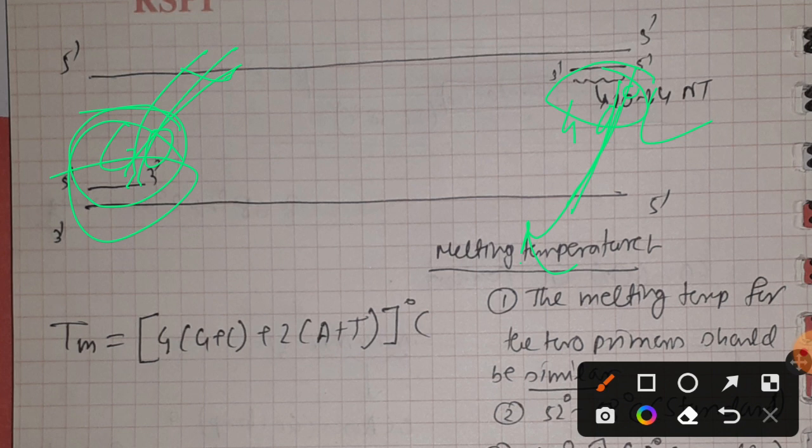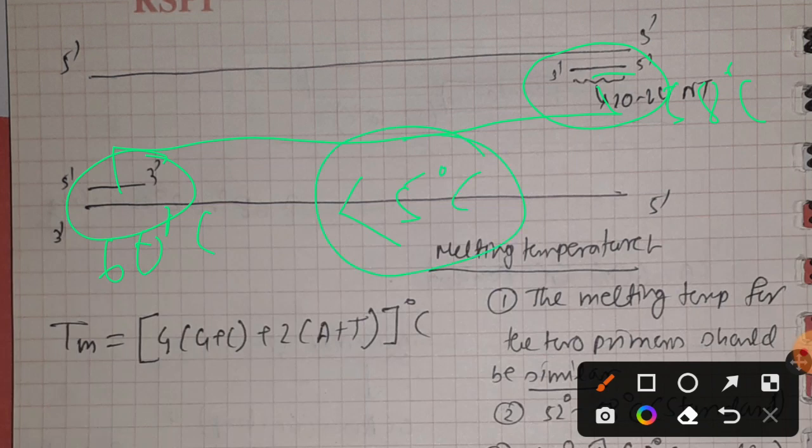And that is the reason why it is often recommended to keep the melting temperatures of these two primers identical. That means, let's say if this primer's melting temperature is 60° centigrade, then the other should be around 58° centigrade. That means the melting temperature difference between the two primers should be less than 5° centigrade.